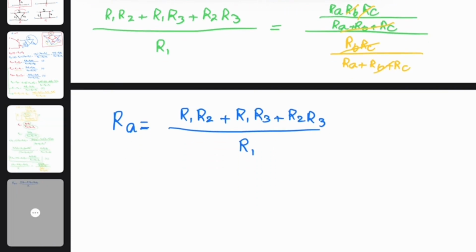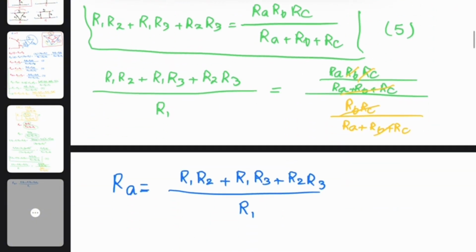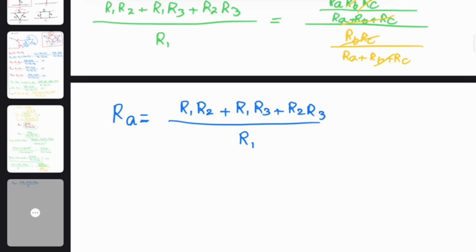Meaning that each resistor in the delta network is the sum of all possible products of Y resistors taken two at a time divided by the opposite Y resistor, if we look at the figure. So this is all possible products of the Y network: R1 R2 plus R1 R3 plus R2 R3.